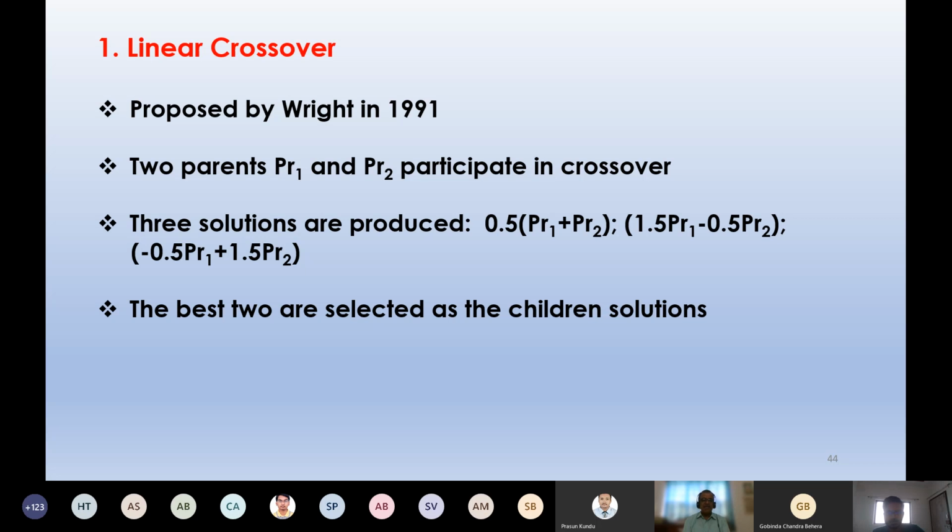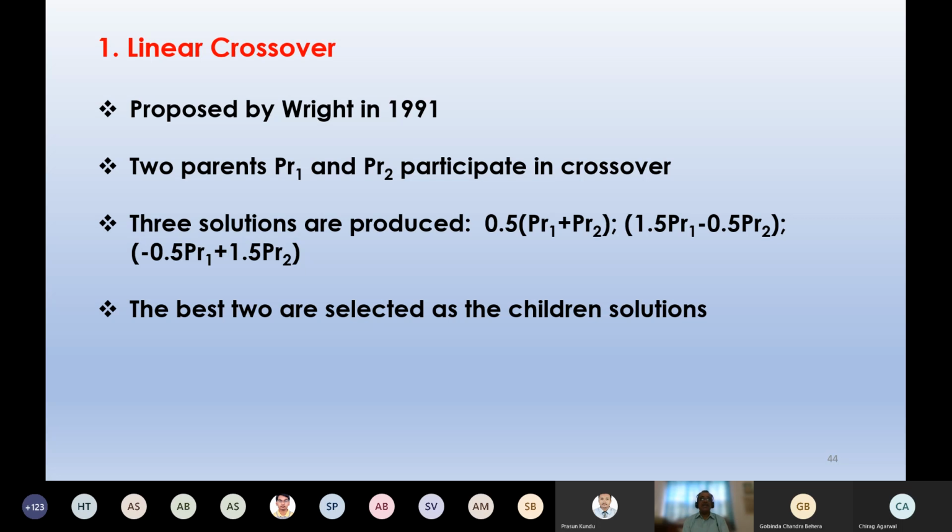Now from these two parents, I'll have to find out how many children solutions? Two children solutions, child 1 and child 2. But here I am getting three children solutions. Out of these three, the way Wright proposed the linear crossover, he selected the best two out of these three children solutions and considered these two as valid children solutions.